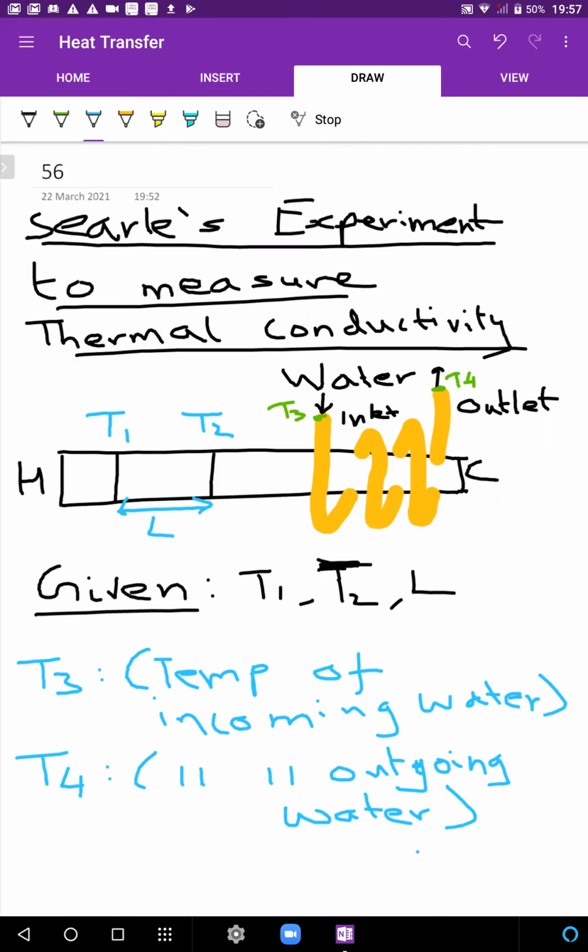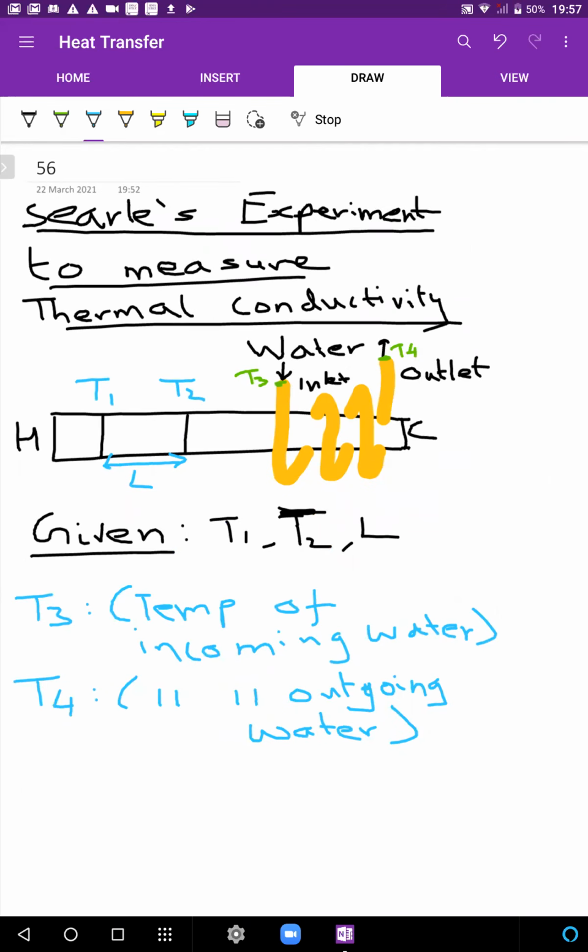Okay. You'll also be given the rate of water flow. So let's say you'll be given the specific heat capacity of water. Okay, you know what S is. And you'll also be given the rate of water flow.